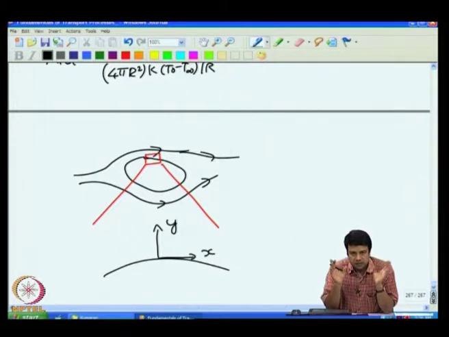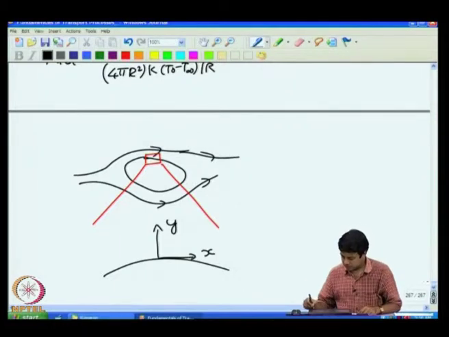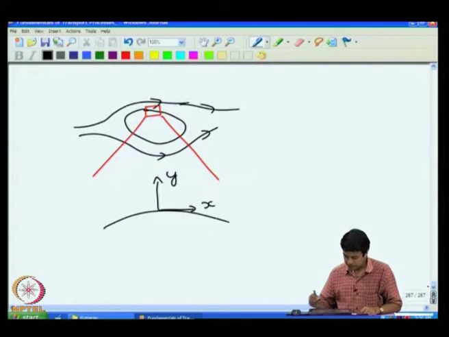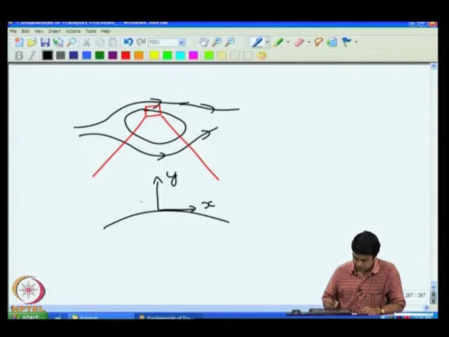So long as the extent of the region is small compared to the radius of curvature, that region will look like a flat surface to me. So, I focus on this thin region, and look at the velocity field as the flow goes past this region.